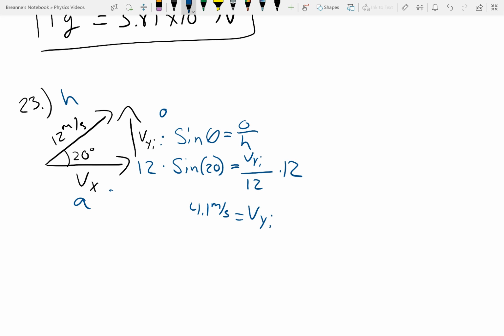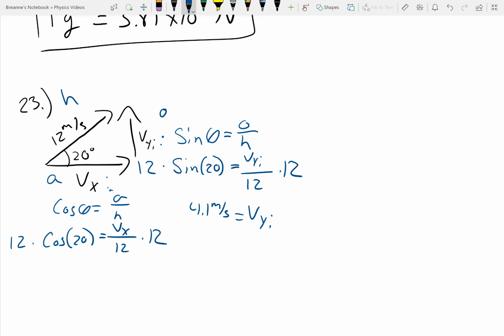If you're going to solve for your velocity in the x, you would use cosine, adjacent over hypotenuse. So cosine 20 equals velocity in the x over hypotenuse, which is 12.